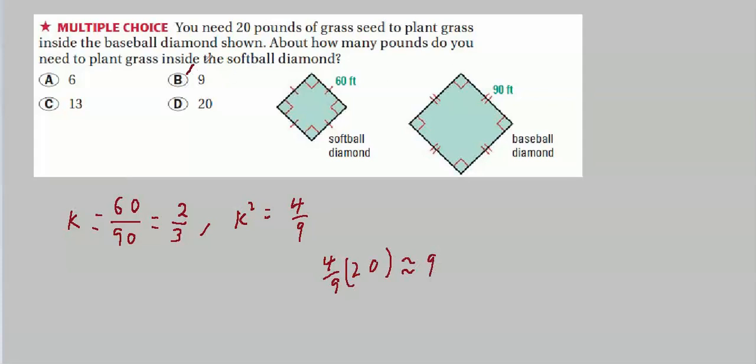The actual answer is like 8.88. I don't forget if it goes on repeating or not. Well, this is the closest one to 8.88, so that's the right answer here, B.